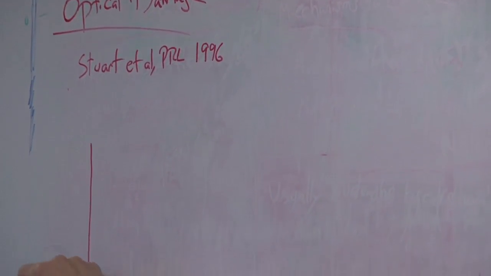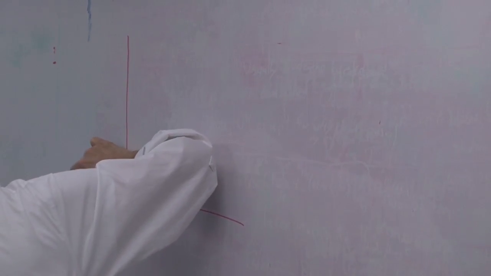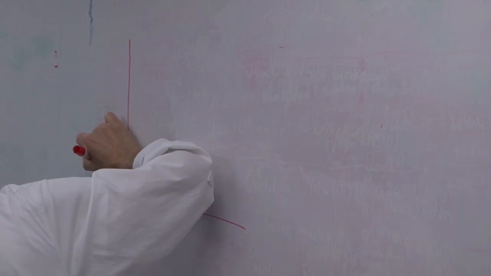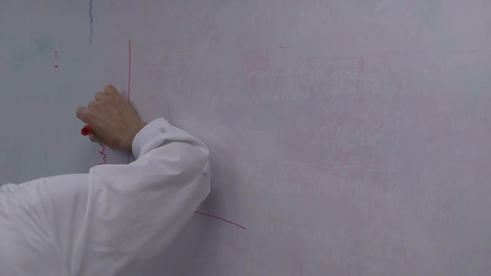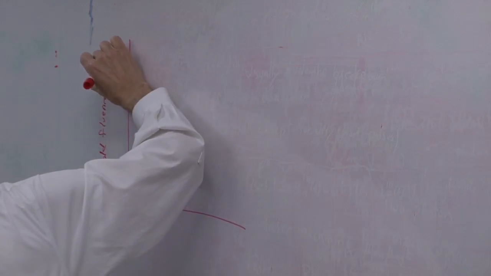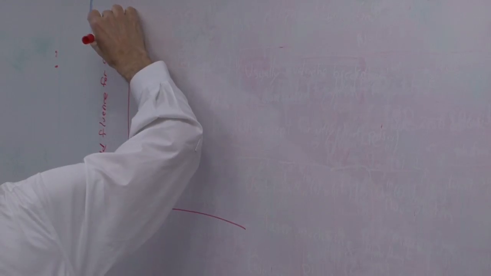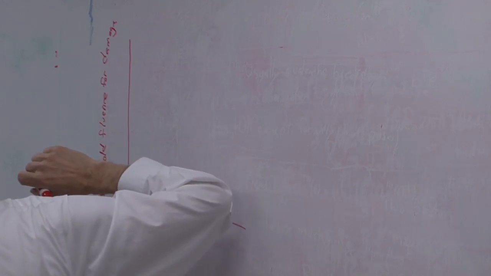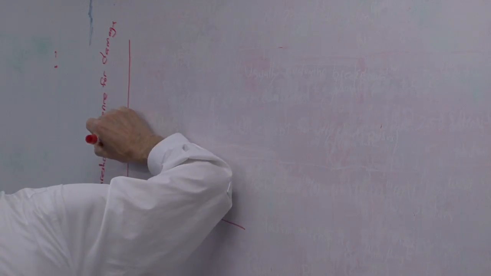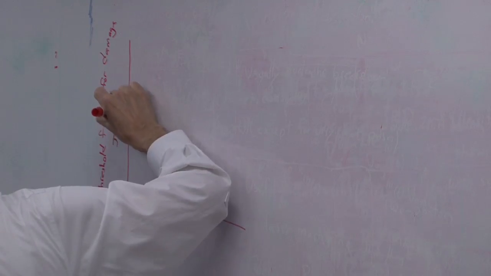They measured the threshold fluence for damage, and fluence they measure in units of joules per square centimeter.